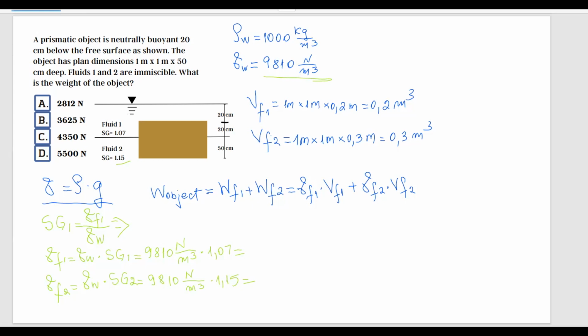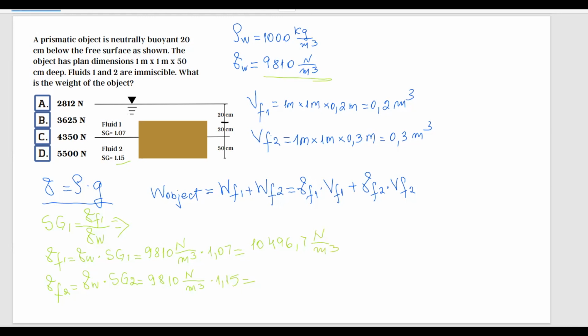So now we're going to just take our calculators and let's solve this equation. 9,810 times 1.07. So in the first situation, I am getting 10,496.7, and these are newtons over meters cubed.